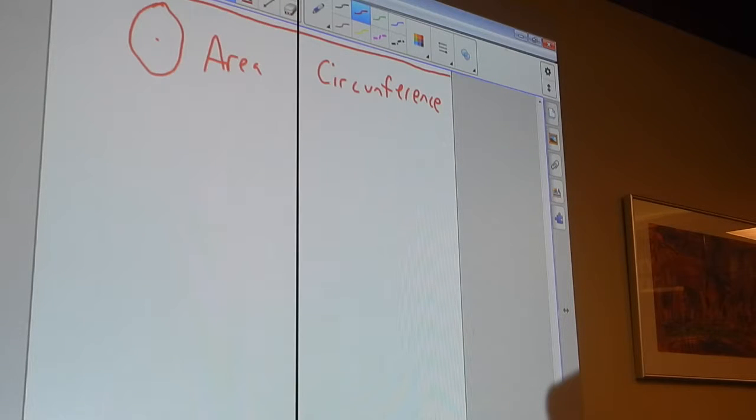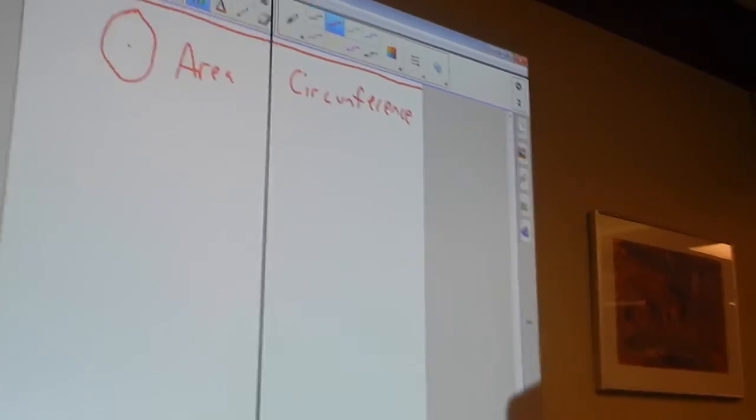Some things to keep in your mind when you're taking these tests: if you have a problem that asks you about area, and they give you units, centimeters, inches, miles, whatever, your answer for area will always be squared.